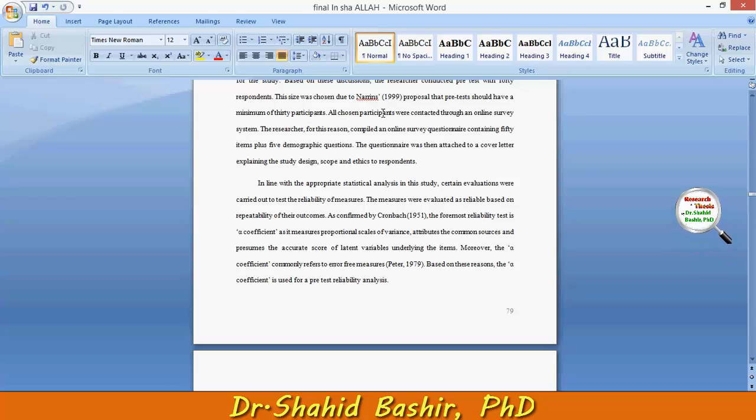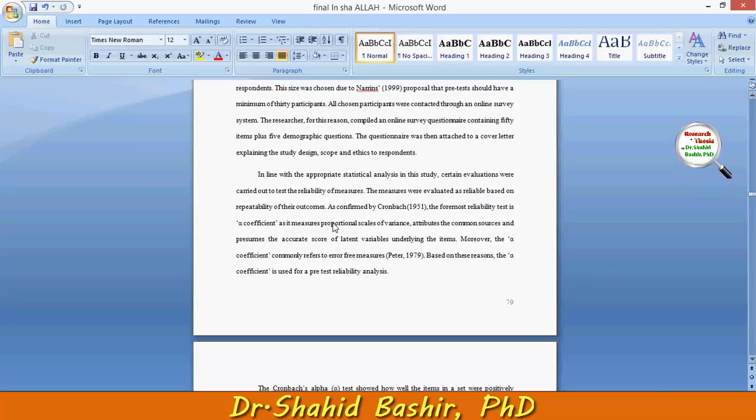All chosen participants were contacted through an online survey system, because the actual system of sending questionnaires to the respondents is an online survey. So the researchers for this reason compiled an online survey questionnaire containing 50 items plus 5 demographic questions.